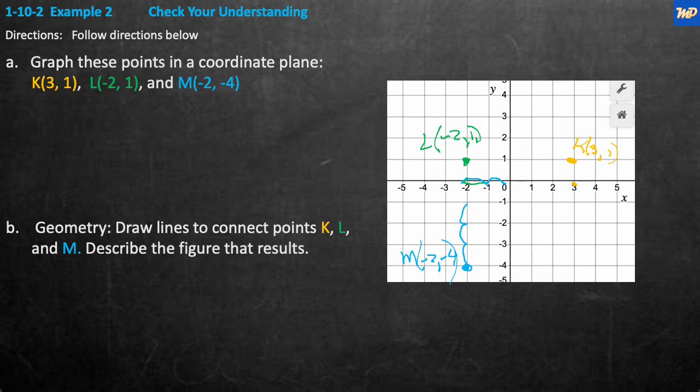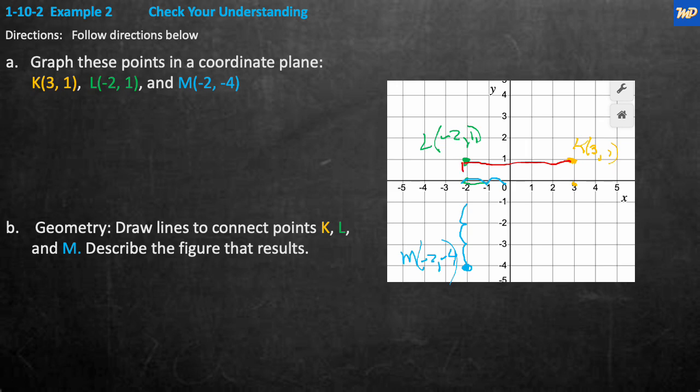Geometry. Draw lines to connect points K, L, and M, and describe the figure that results. I'm just going to use this pen here. We're going to pick red, I guess. So we're going to connect K and L. It's going to be a squiggly line, but sorry.